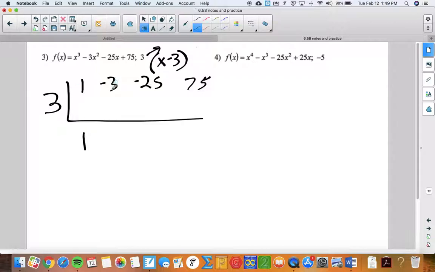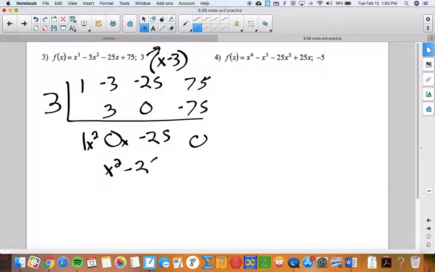And then we drop the leading coefficient down, multiply, add, multiply, add, multiply, add. Good, we got a 0. This is the constant, so this is like the remainder. This is the constant, this is the x term, this is the x squared term. So really we have x squared minus 25 for this part right here.